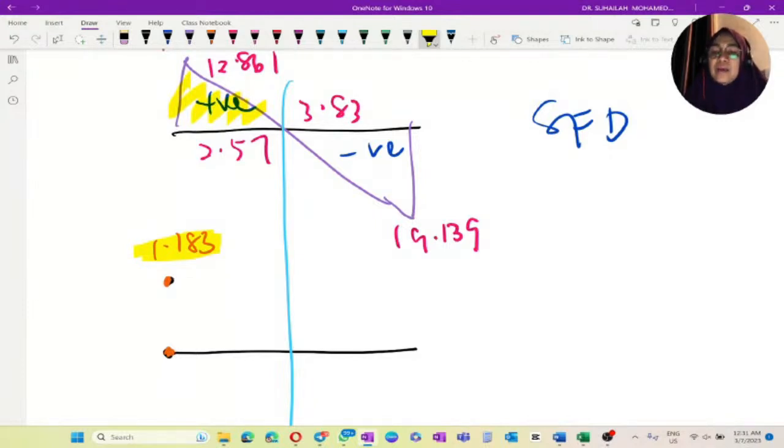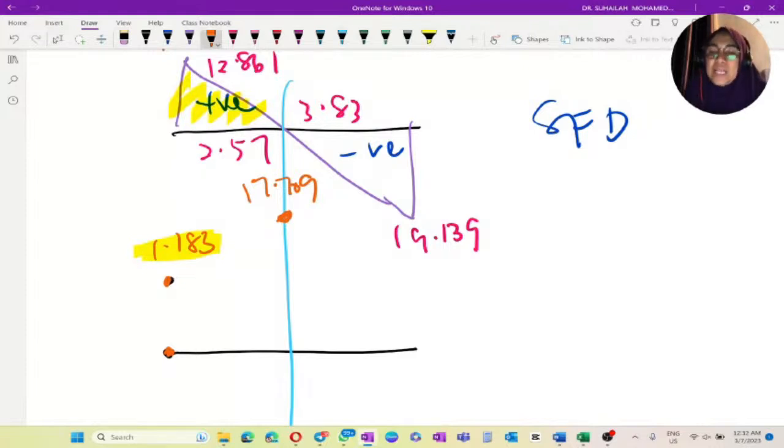We get the value equal to 17.709, somewhere here. So this is moment value. And then we have to minus 0.5 times 3.83 times 19.139.